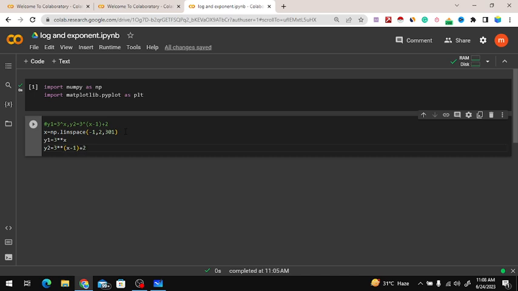So there are two equations I have written here. Now I want to visualize these two equations.